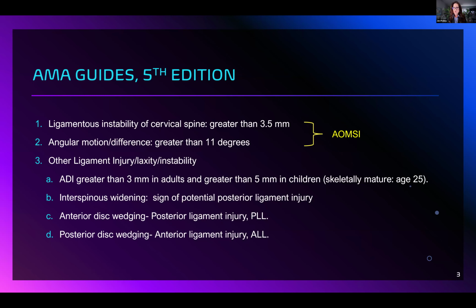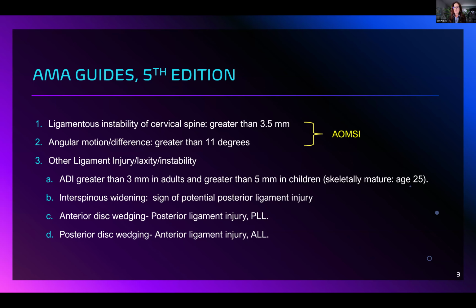Other ligament injury that we can see on our x-rays, which we'll go over today, is again, the atlantodental interspace. If it's greater than 3 millimeters in adults, greater than 5 millimeters in children, then it's an indicator of transverse ligament injury. Interspinous widening, if we have an increase in distance between spinous processes, could be an indicator of posterior ligament injury.